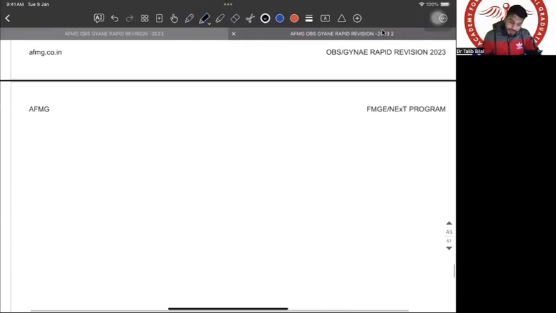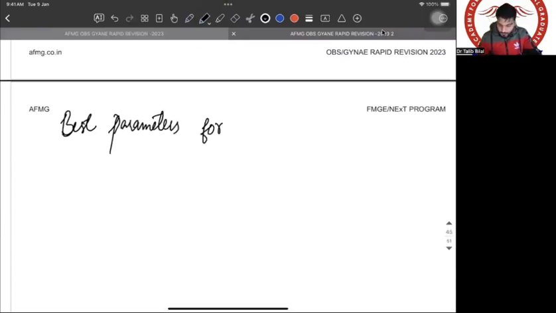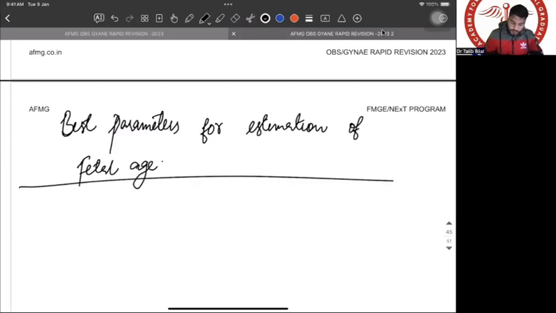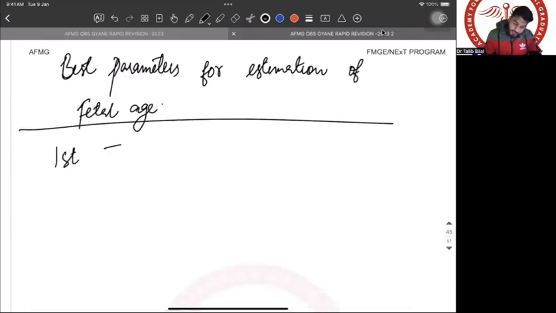So let's discuss best parameters for estimation of fetal age. My dear students, if I talk about the first trimester, that is crown rump length.